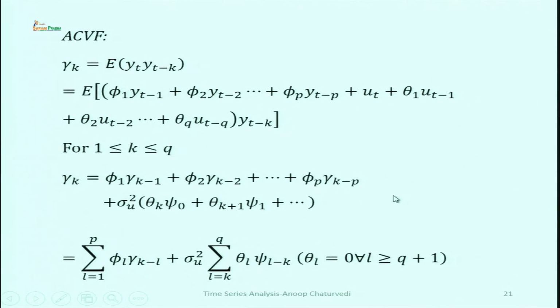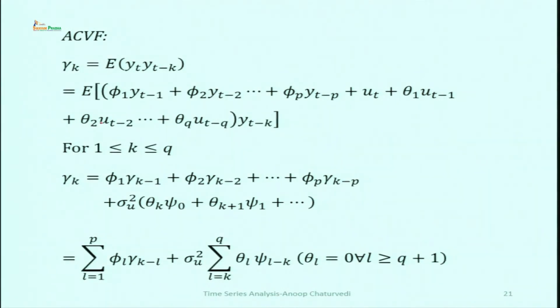Similarly, you can obtain the autocovariance function gamma k, which is equal to expectation of y t y t minus k, and this is equal to, we write the value of y t here and multiply it by y t minus k. Then for k between 1 to q, you get gamma k equal to phi 1 gamma k minus 1, which is expectation of y t minus 1 y t minus k, plus phi 2 gamma k minus 2, and so on, plus phi p gamma k minus p.